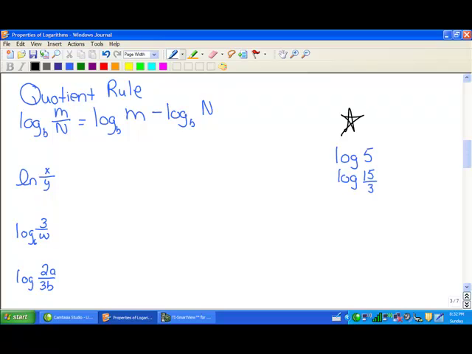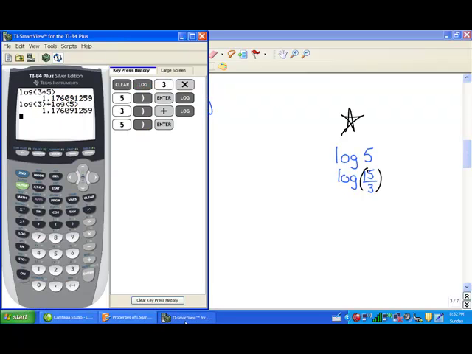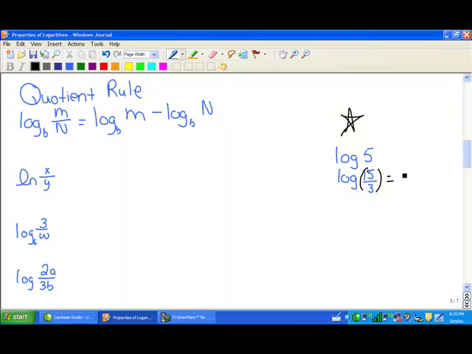Think of the log of 5, which could also be written as the log of 15 divided by 3. Pulling up our calculator, clearing out what we have in there from before. If we punch the log of 5 and get that value, it should be the same thing as if we have the log of 15 minus the log of 3.